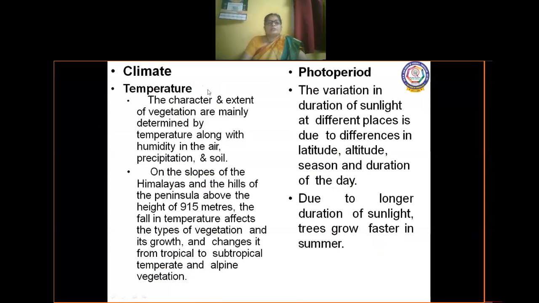So climate. Now the other factor that helps the natural vegetation to take place is climate, and in that, temperature. The character and extent of vegetation, like equatorial forests, is thick, dense tree growth. It's due to the daily rainfall and high temperature, due to which evaporation and in turn heavy rainfall.